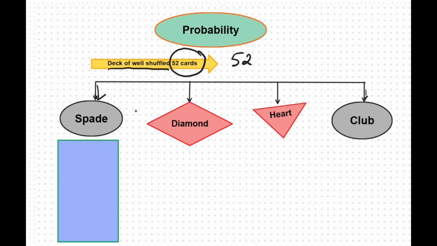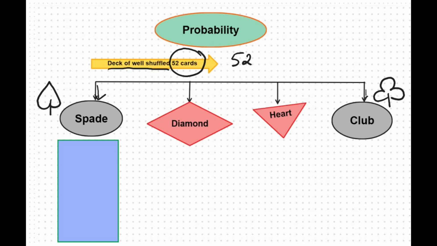In a well-shuffled deck of playing cards, we will have a spade. The spade looks like this and the club looks like this. The spade and club always appear in black color. Then the diamond looks like the shape you see on the screen, which is always red in color, and a heart is also always red in color.